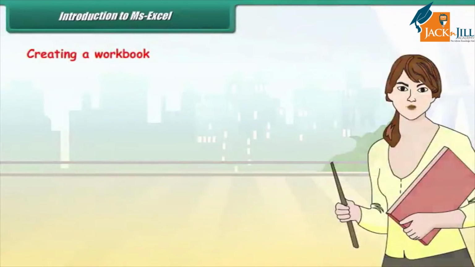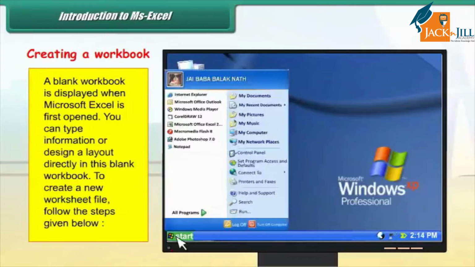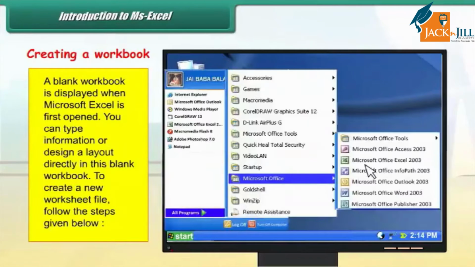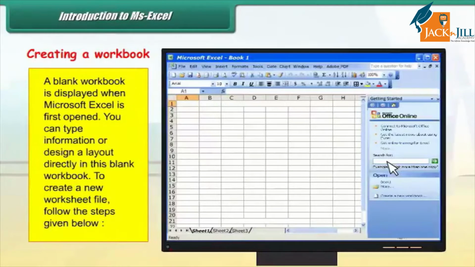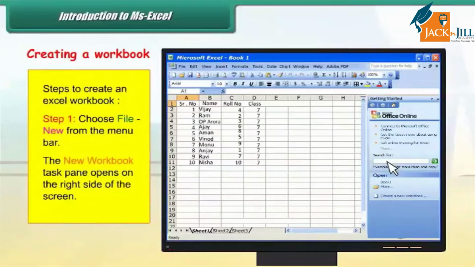Creating a workbook. A blank workbook is displayed when Microsoft Excel is first opened. You can type information or design a layout directly in this blank workbook. To create a new worksheet file, follow the steps given below. Step 1.